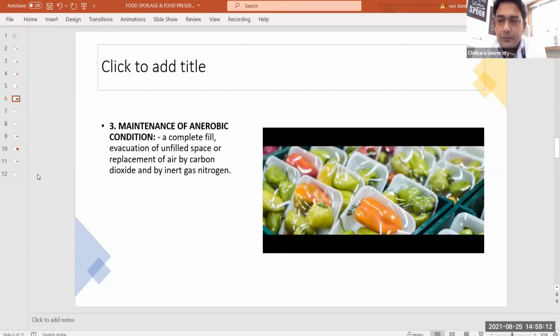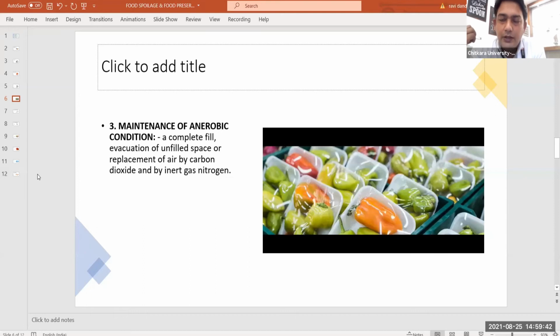The packaging of chips, like I gave the example in the last class also, the packaging of tinned products, Tetra packs and everything. All these things when packed, it should be ensured that there is no oxygen inside, and the gap inside the bottle or the pack is to be replaced by nitrogen or carbon dioxide.